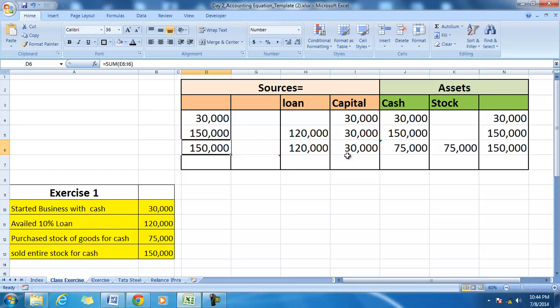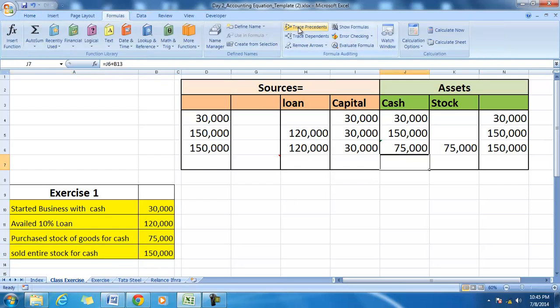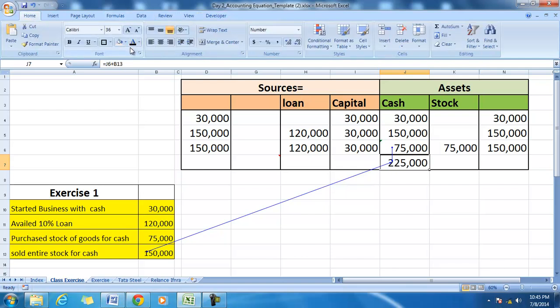No change in the sources side, but a change in the composition of assets took place. The cash is converted to stock, and this entire stock is sold for 150,000 for cash. So once again cash increases by 150,000.